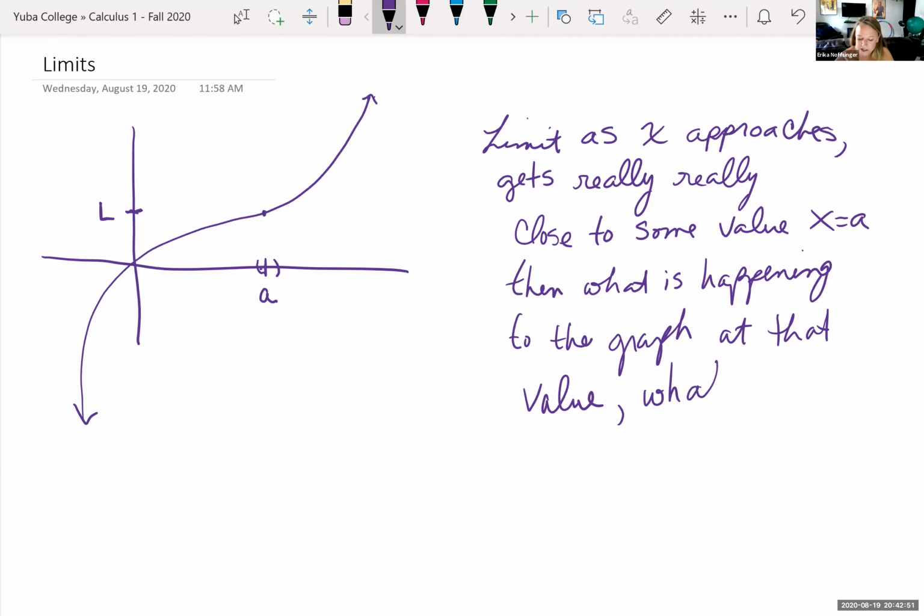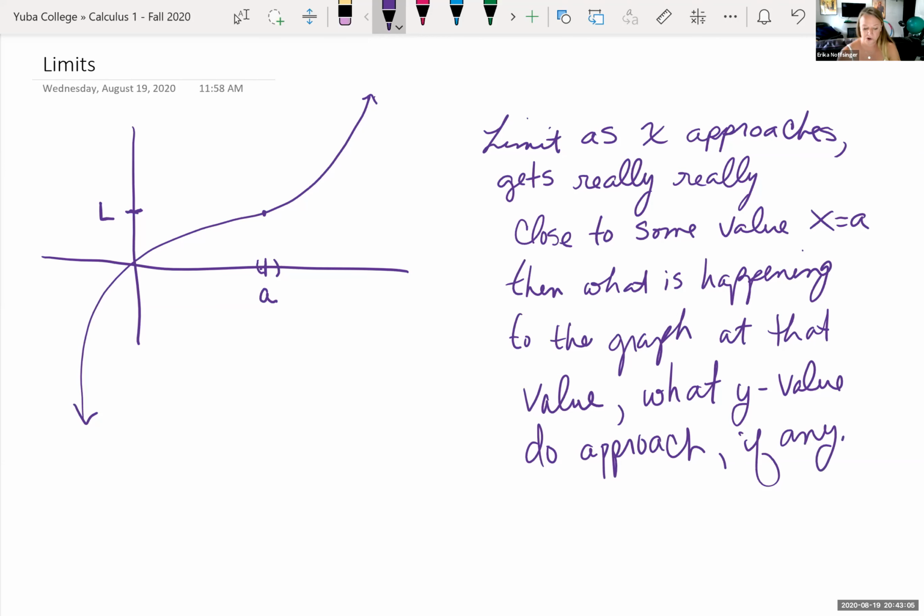What y value do you approach, if any? It's possible it doesn't go to any particular y value at a graph, and I'll talk about that in probably more tomorrow.